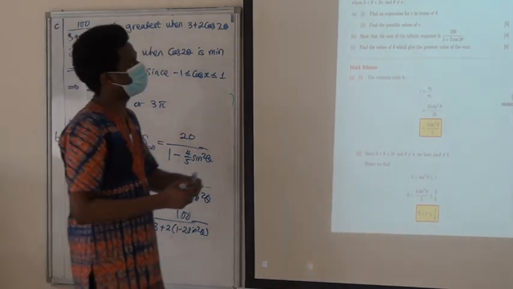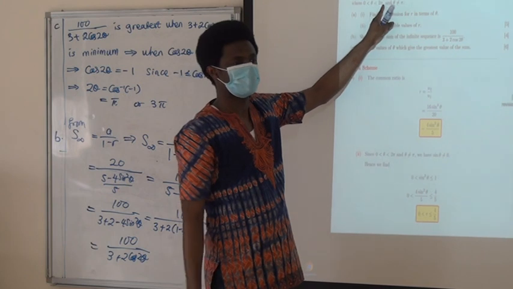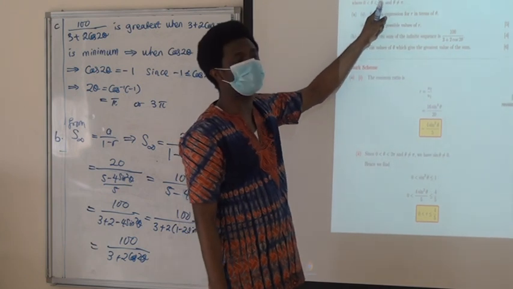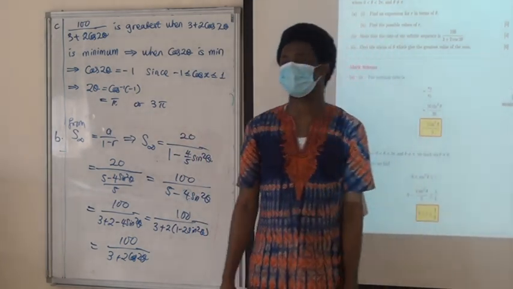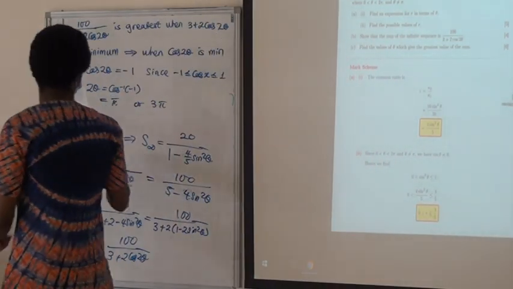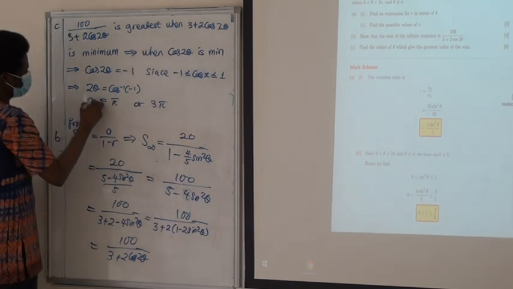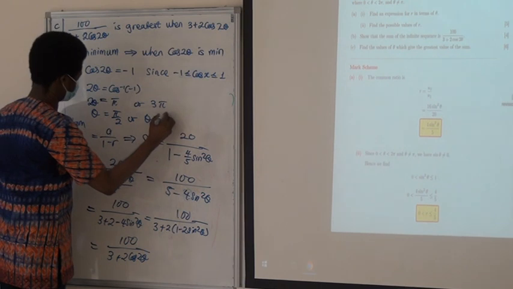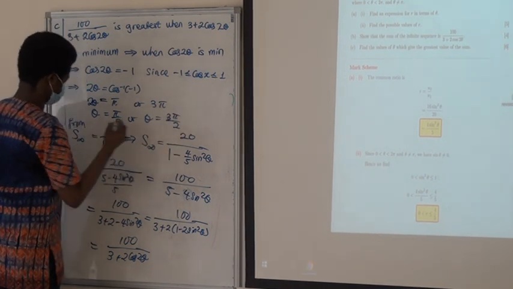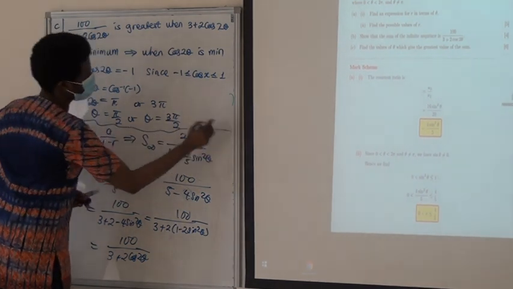The range of values that we have is between 0 and 2 pi for theta, so 2 theta will lie between 0 and 4 pi. So that's why it was extended to 3 pi. So these two can be used, which means your theta is pi over 2, or your theta is 3 pi over 2. So this is the last part.